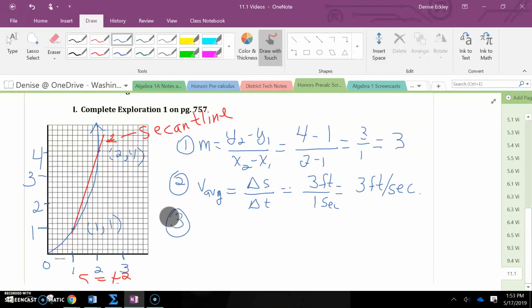So the next question asks, what is the relationship between the numbers that answer questions 1 and 2? And hopefully you can see that they are the same.